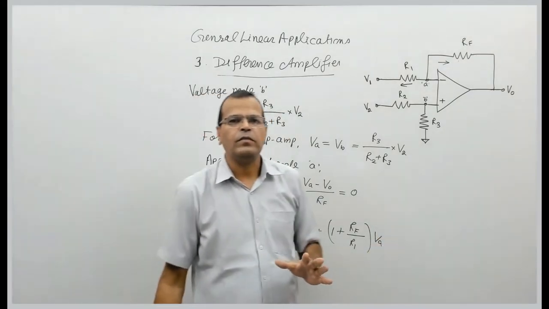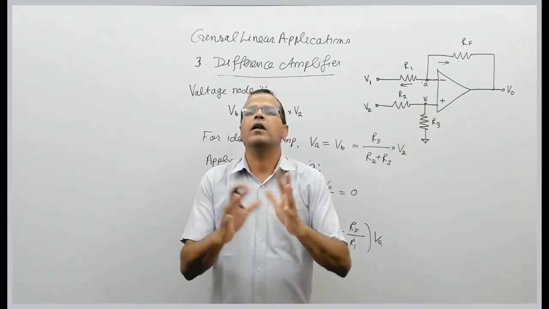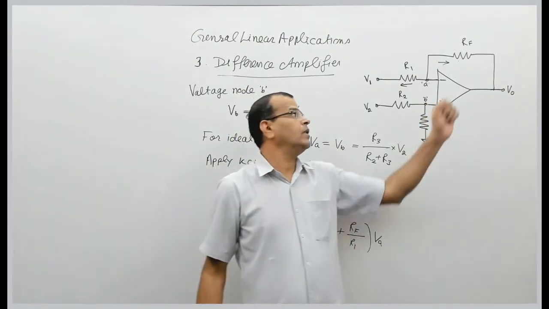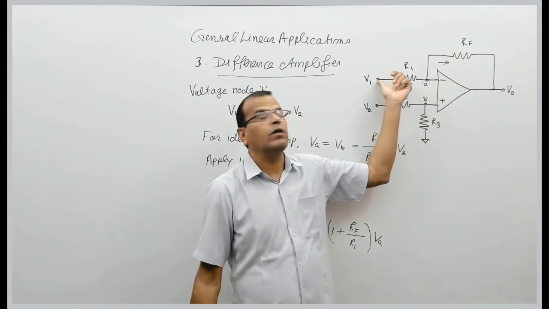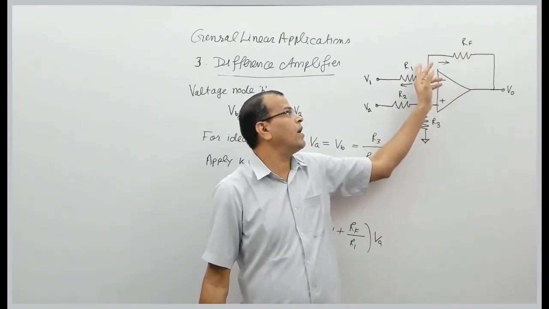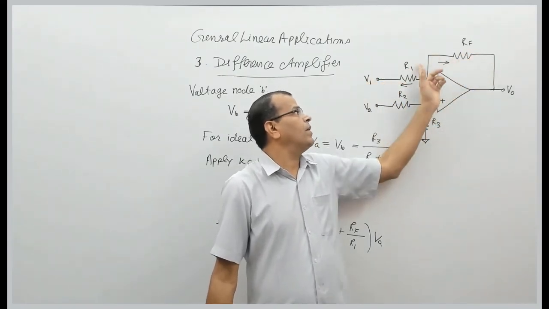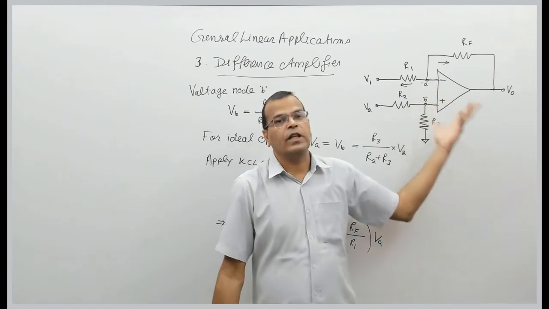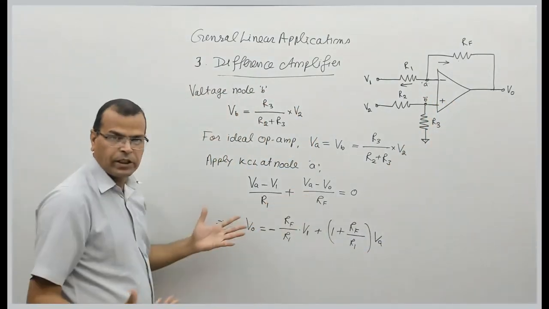Fine. So if there is some voltage at this node, I can write the expression directly. V0 is minus RF by R1 into V1 plus 1 plus RF by R1 into this voltage or this voltage, that is the same thing. Fine. That is just a simplification of this expression only.